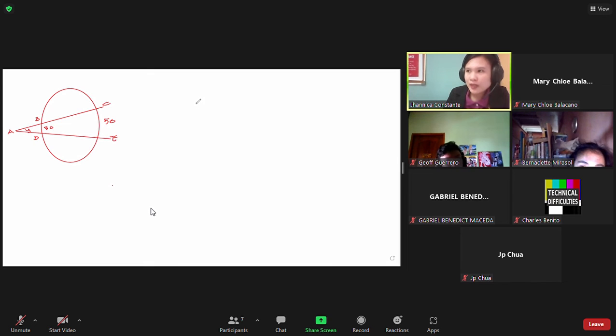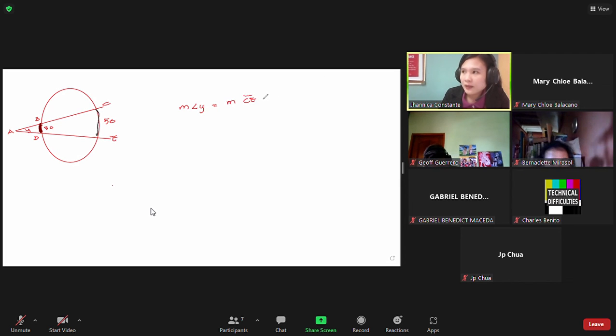So the measurement of our angle y is equal to half of the difference of the two intercepted arcs of our angle. The two intercepted arcs are arc CE and arc BD. So the measurement of arc CE minus the measurement of arc BD, divided by 2.